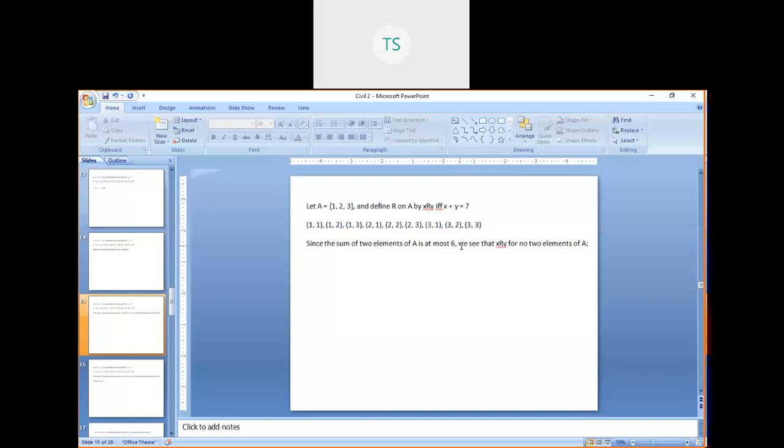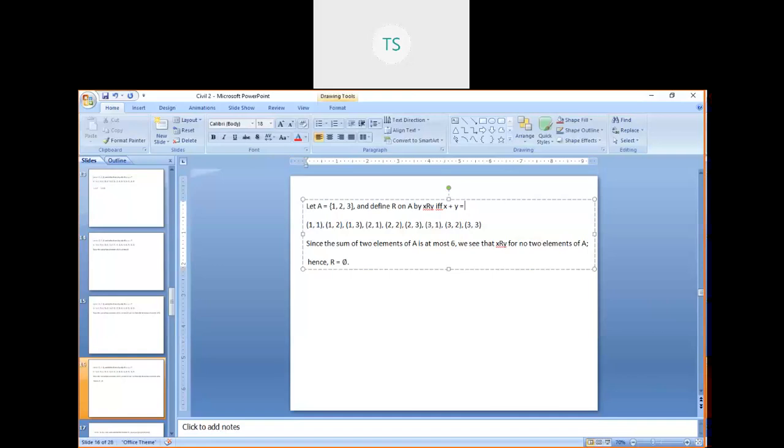So that's why we see that the relation R has no two elements of A. That means no two elements of the set A satisfy this particular condition. Hence, R is, this symbol will represent a, do you remember? Empty set. Yes, this is an empty set or this is an empty relation. Okay, is it clear?